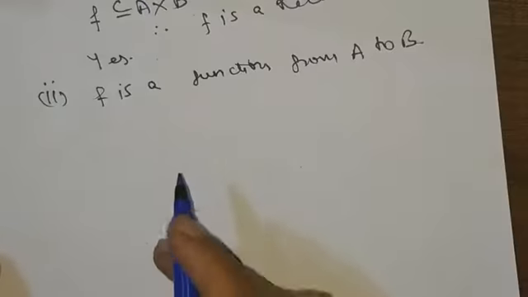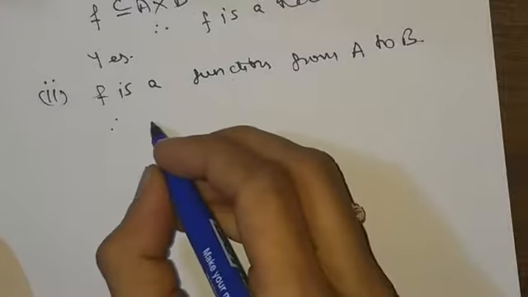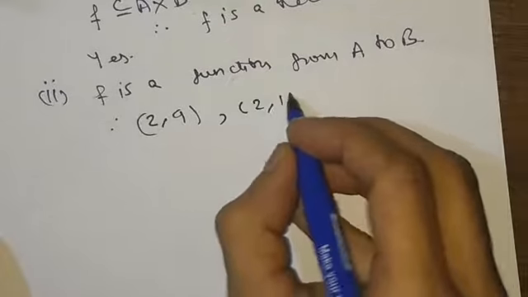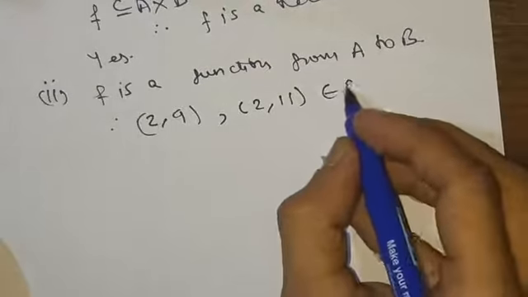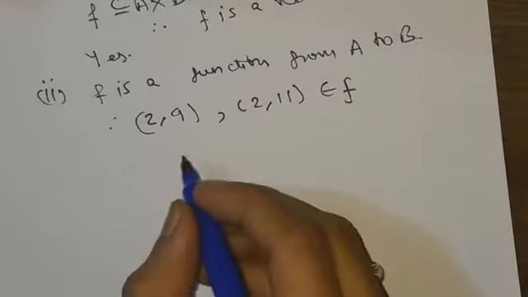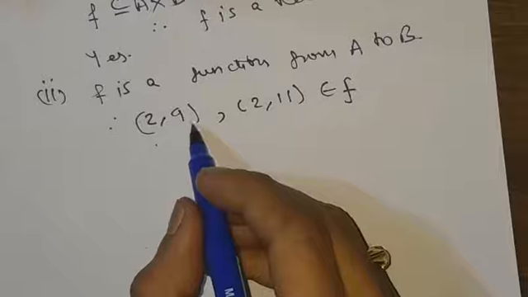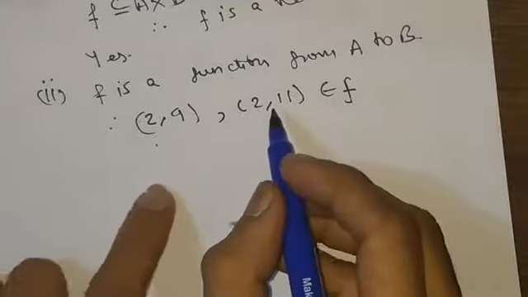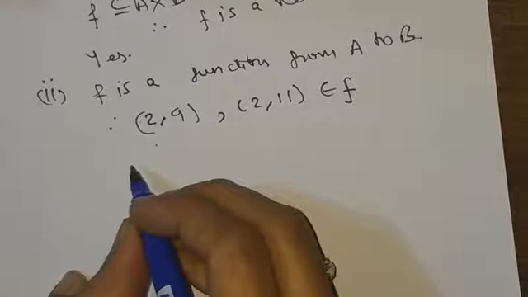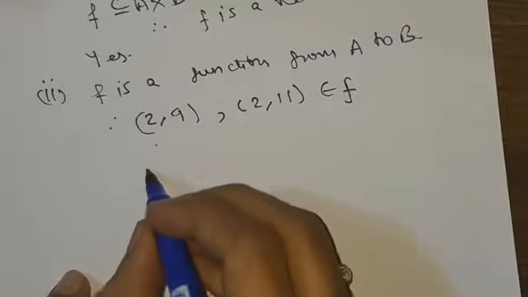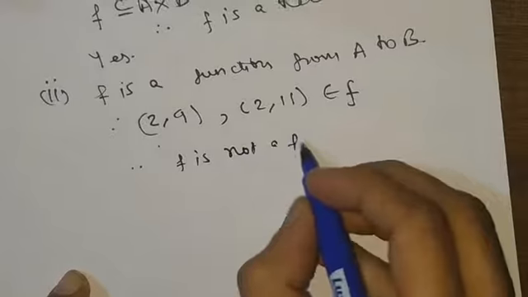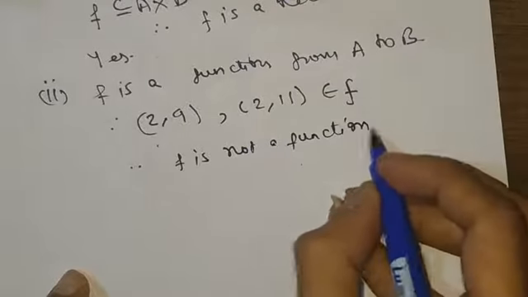Since (2, 9) and (2, 11) belong to the relation F, and the second elements of both ordered pairs are different, therefore F is not a function.